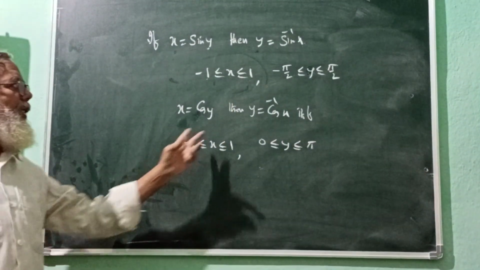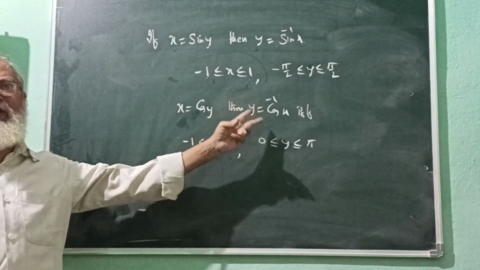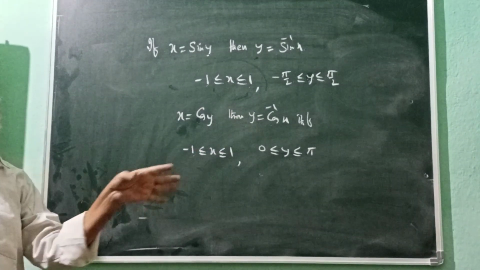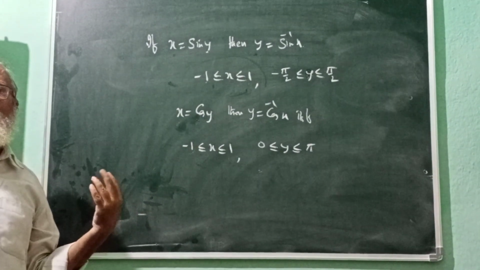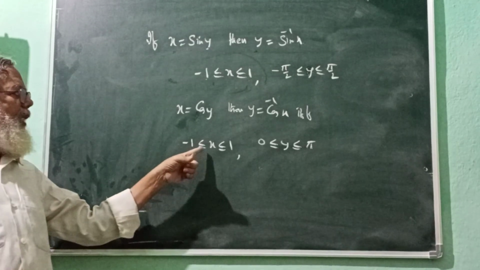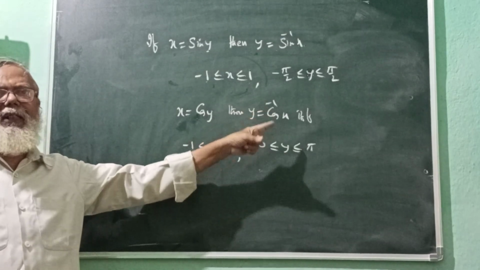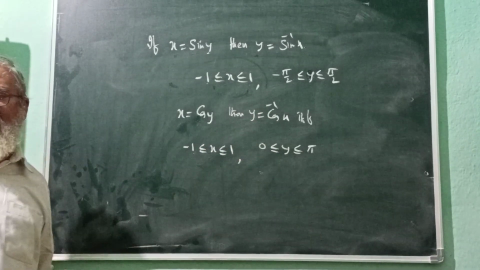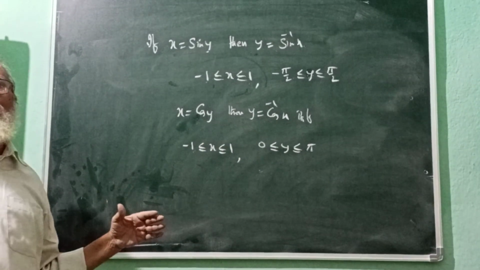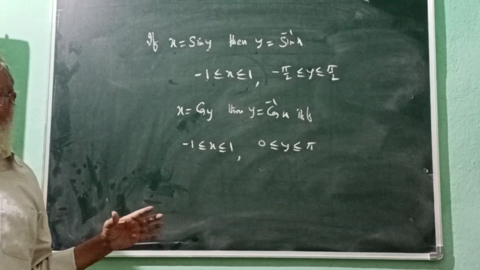For this value only this holds good, this is acceptable, and for all other values which are not here, the function is not acceptable. Again it is the domain of this function cos inverse, it is the range of the cos inverse. Let us have a table giving the domain and range of all trigonometrical functions.